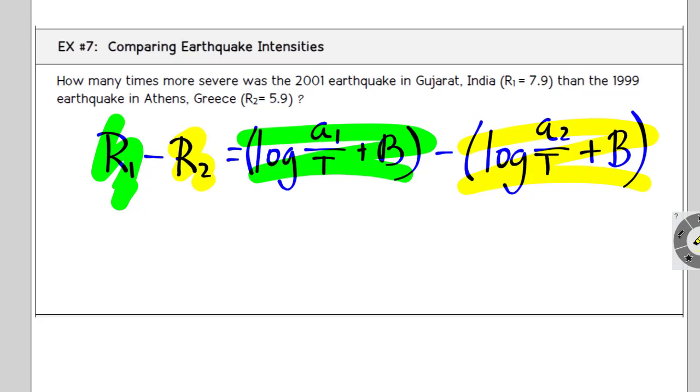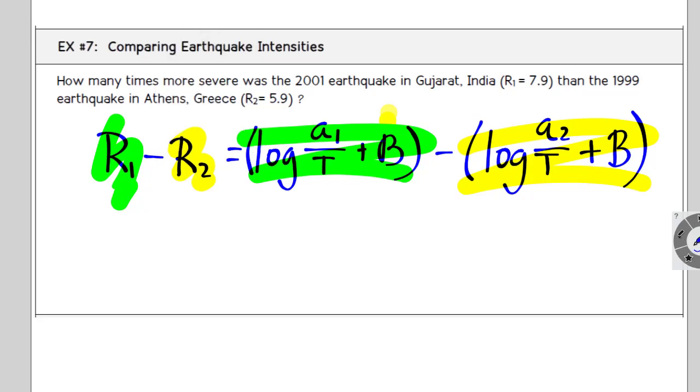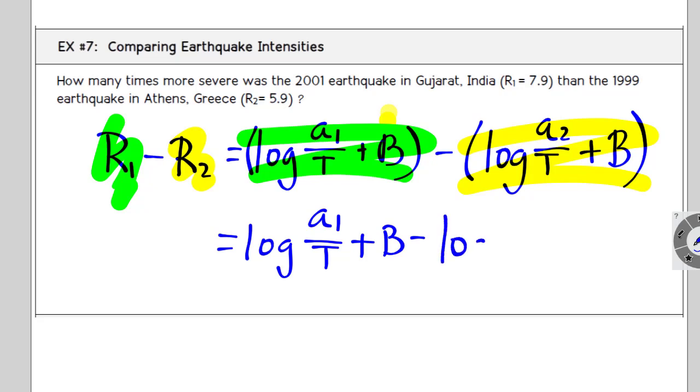Notice that I have plus B here, and when I distribute my minus sign, this is going to be minus B. Let me write all of that out. We've got log of A1 over T plus B minus log of A2 over T, and when I distribute the minus, that's going to be minus B. So the B values cancel out.